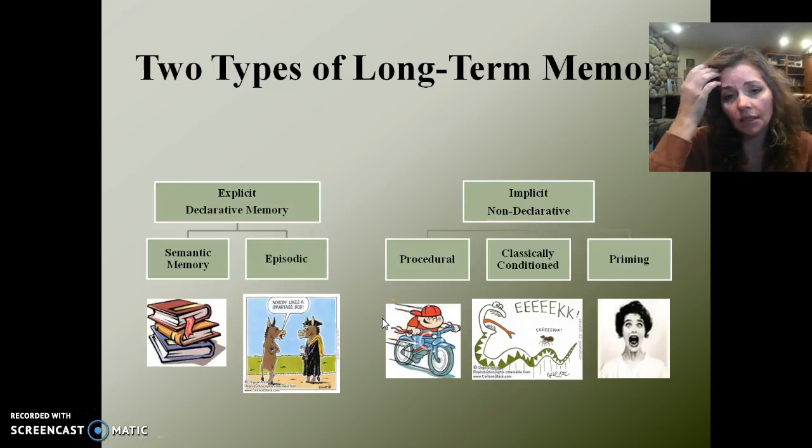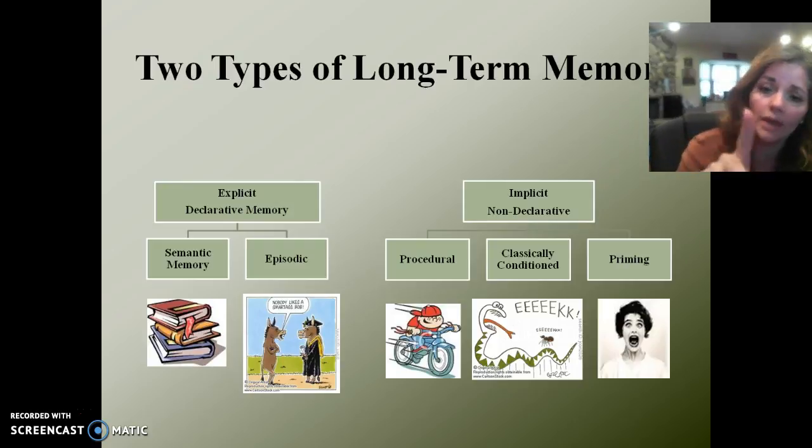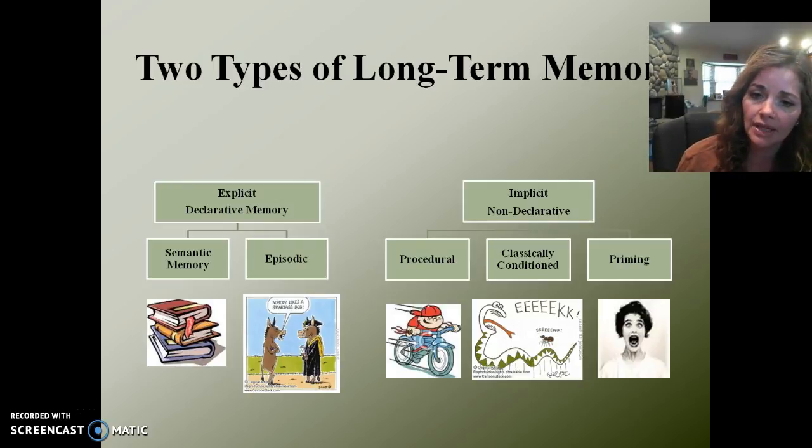Okay, so classically conditioned memories are all the things that we talked about in Chapter 6, and remember that it only has to take one experience. It doesn't even have to be a series of experiences. We only have to choke on that taco once to develop that implicit fear, or that kind of unconscious fear of tacos. And so those classically conditioned memories are stuck in our implicit memory, our non-declarative memory.